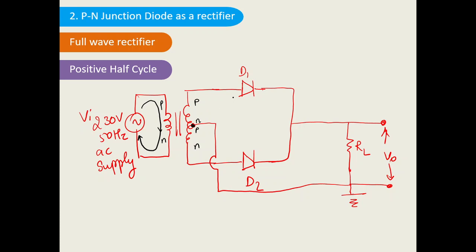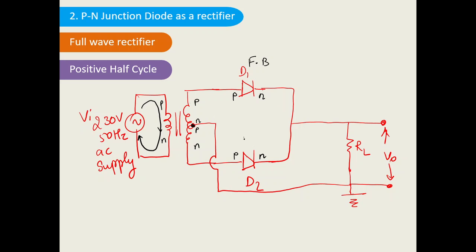Now you see the polarity of the diode. This is the P type of semiconductor, this is the N type of semiconductor in the PN junction diode. Again, this is the P type and this is the N type. Now this positive is connected to positive and the negative is connected to negative. I can say this diode D1 is forward biased. While in D2, the positive is connected to the negative terminal and the negative is connected to the positive terminal.